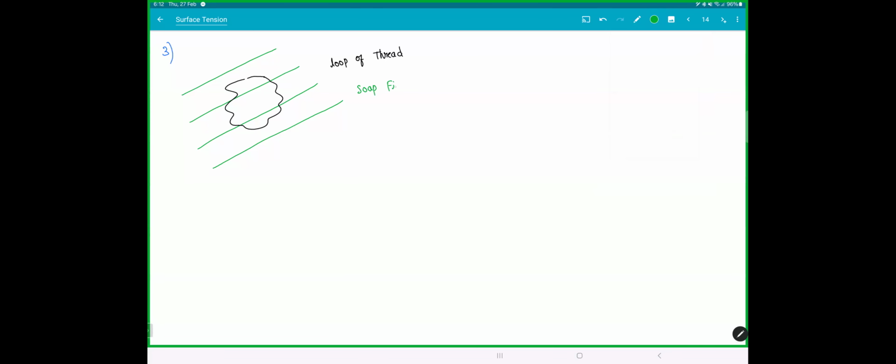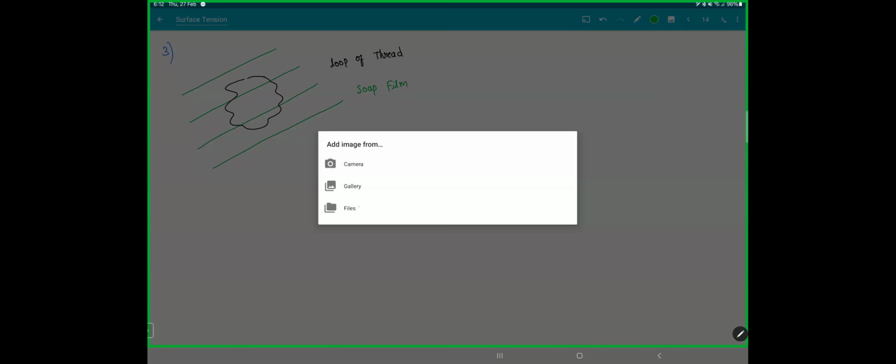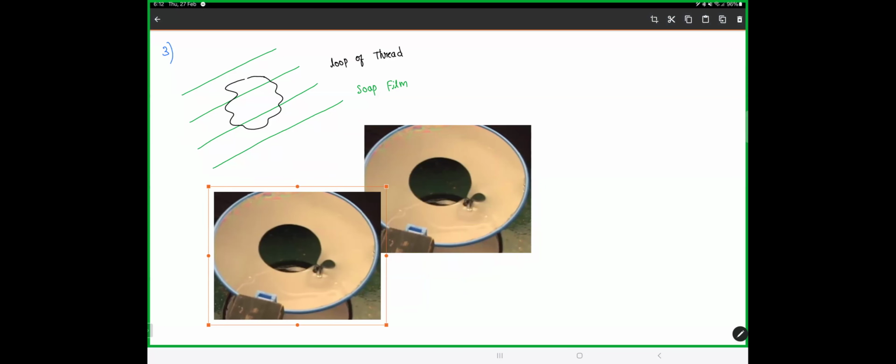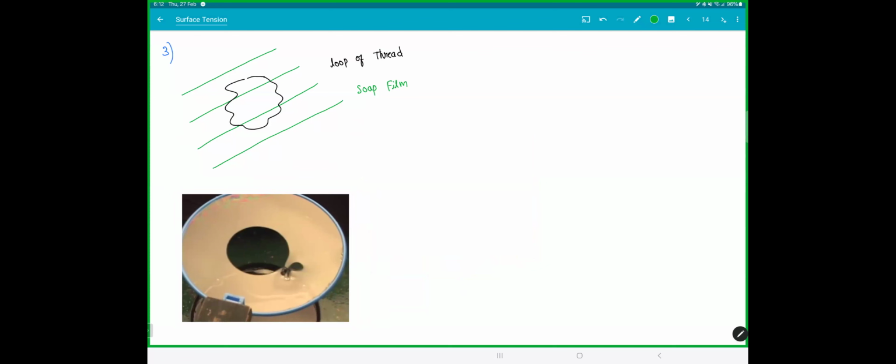So we have a soap film and someone kept a loop of thread. Remember the last time I showed you the video? It becomes a circle. In this video. Remember? So if you look at the soap film and the loop here, there is a force acting inside, a force acting outside. Inside, outside, inside, outside. So the loop will take some random shape. Now what you did, you broke the inner soap film.